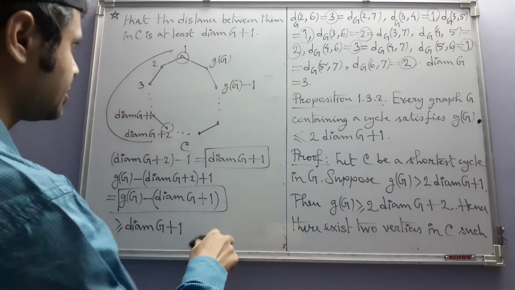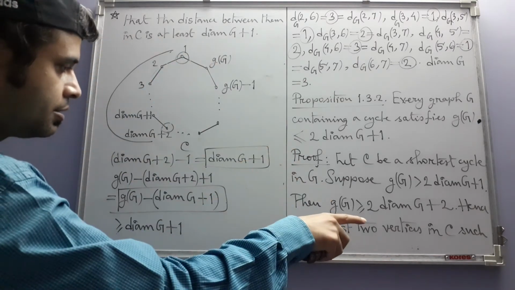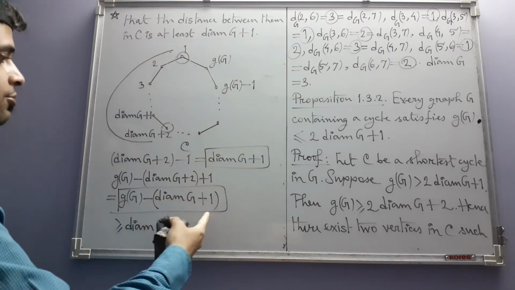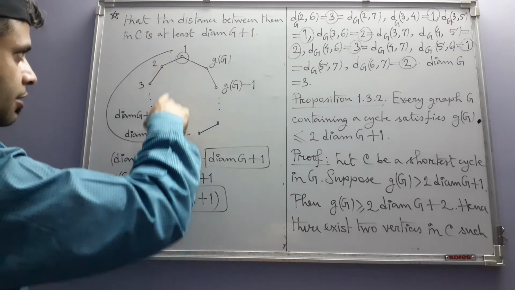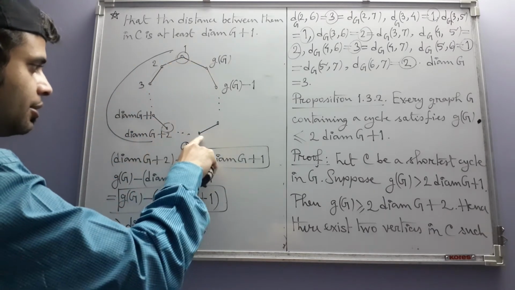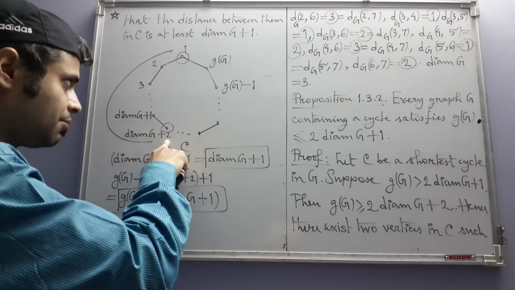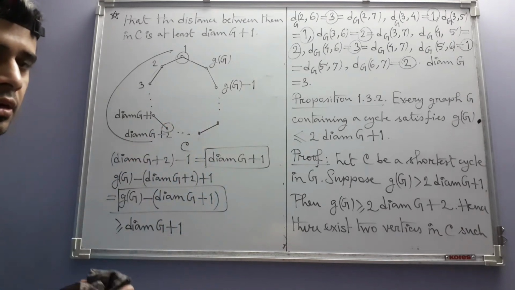So that's how you get 2 points in C such that the distance between them in C is exactly equal to diameter of G plus 1. But you can imagine that if, instead of calculating the distance between 1 and this point, you take some other point also lying between diameter of G plus 2 and g of G, then the distance will be slightly greater.